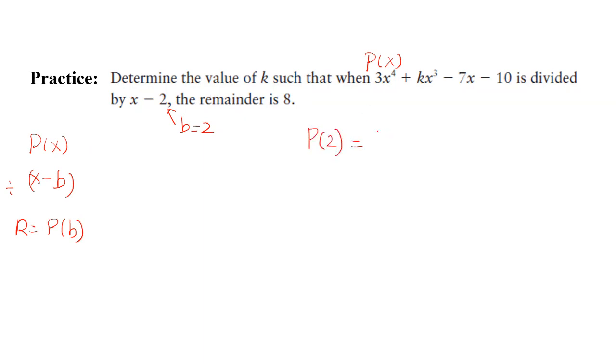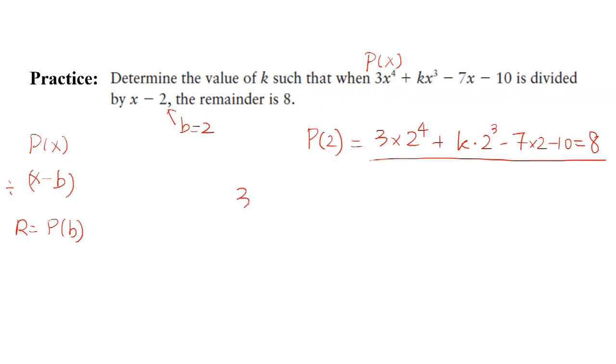So p(2) is 3 times 2 to the 4th plus k times 2 to the 3rd minus 7 times 2 minus 10, right? And it also tells you that the remainder is 8. According to this equation, we can find the value of k, right?